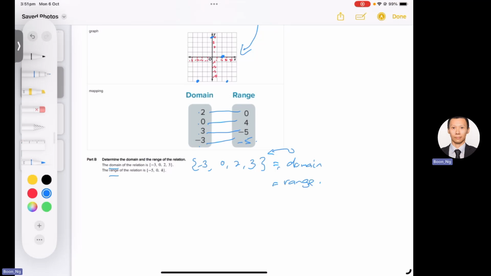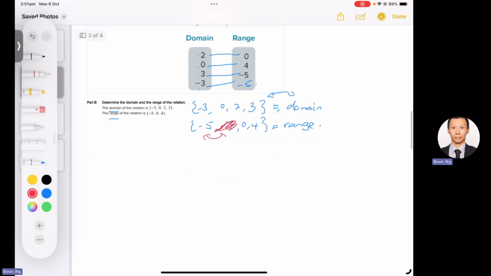You can see here from the smallest is negative 5 and negative 5 again and 0 and 4. And because these two are replicates, we can take one away. Okay, and essentially that's how we do it.